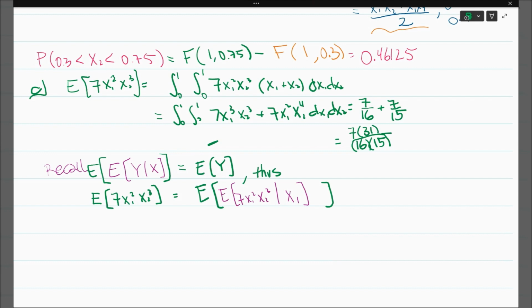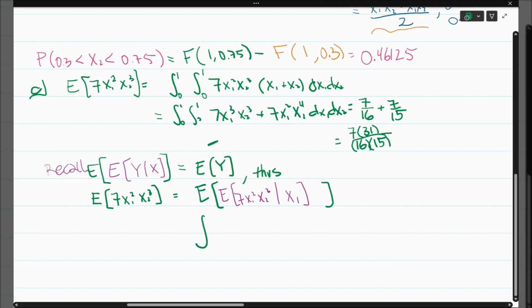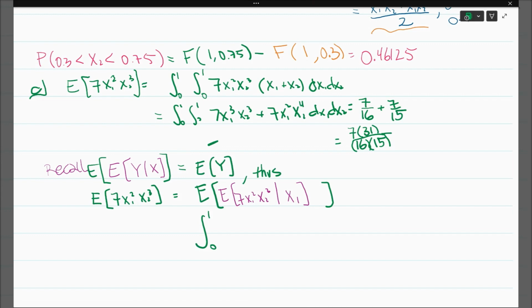So, this outer expectation will be the integral from 0 to 1, integrating against the x2 density. Okay, I'm sorry, the x1 density of dx1.